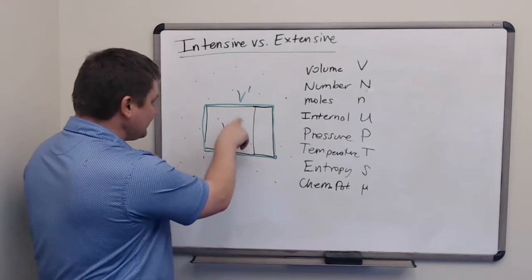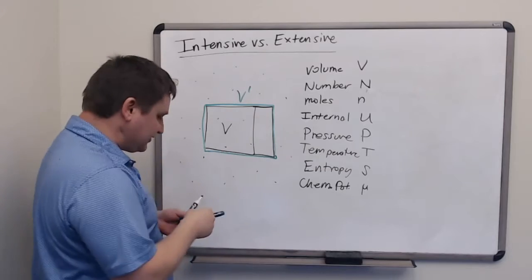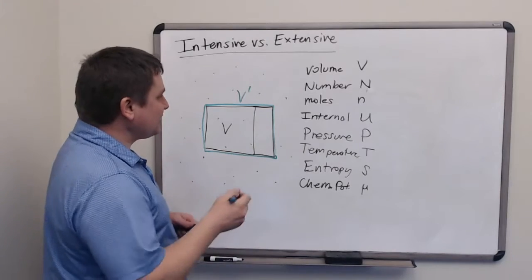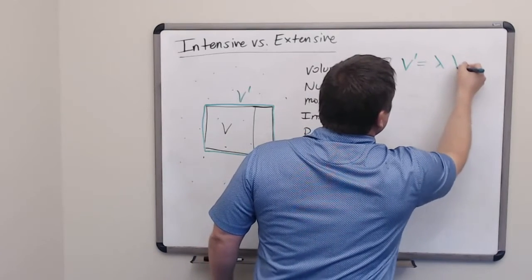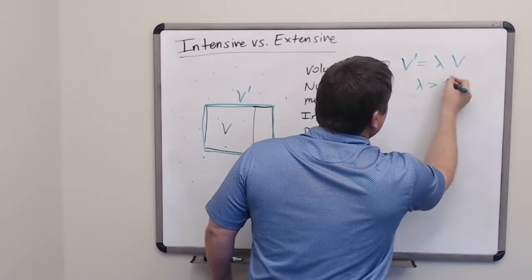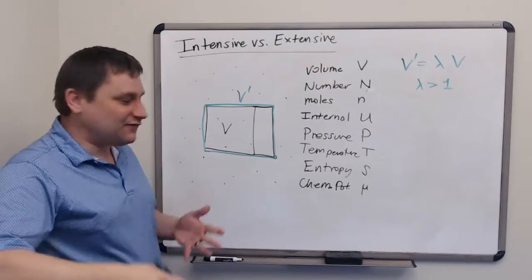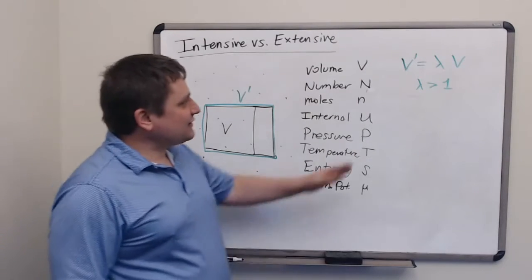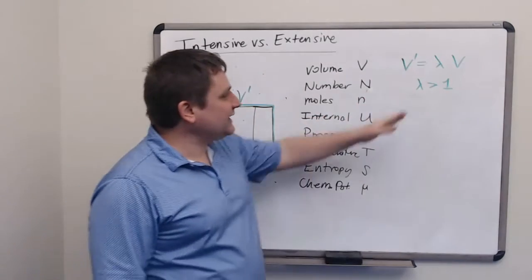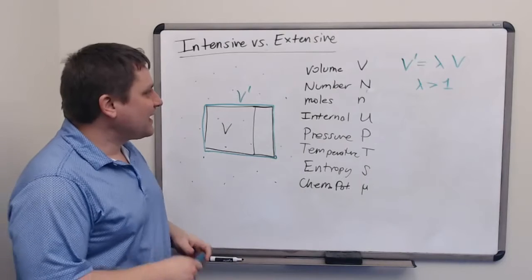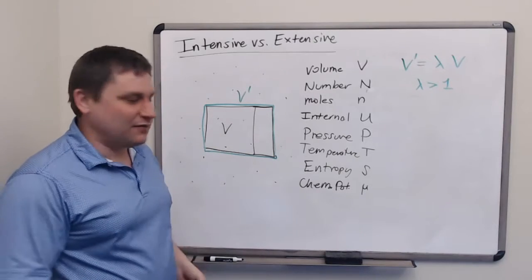It encloses the volume V inside of itself plus some additional amount. So V prime is larger than V. And one way to represent this increased volume of the sample is to write V prime as some multiple of V. So lambda is a multiplier here, and with the box being bigger, it's greater than 1.